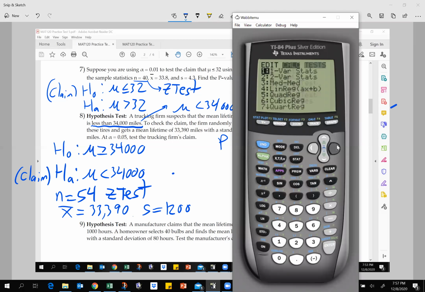Stat, go over to test. We're going to do a z-test here. The mean in the null is the 34,000. Standard deviation was 1,200. X bar is 33,390.